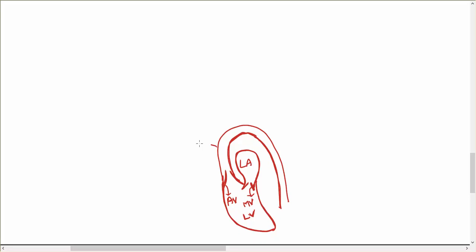On the right side it is the brachiocephalic trunk, and after that, followed by the left common carotid artery, then the left subclavian artery.